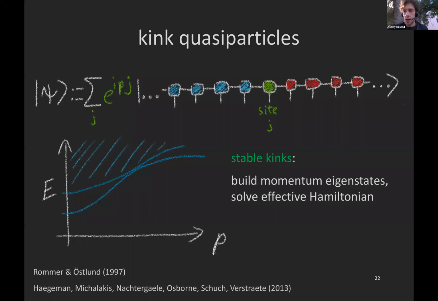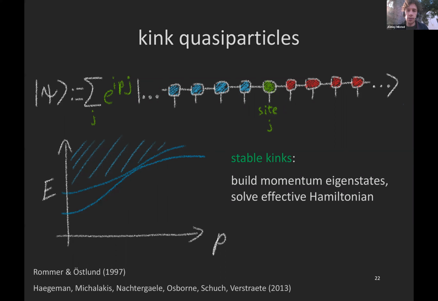You could just take the Ising chain and go to the symmetry broken phase. You can find such kink quasiparticles. And you not only get the green tensor, but you can also vary this momentum p, and you get an energy for these eigenstates of the Hamiltonian, and you can get a dispersion relation for the topological quasiparticles.